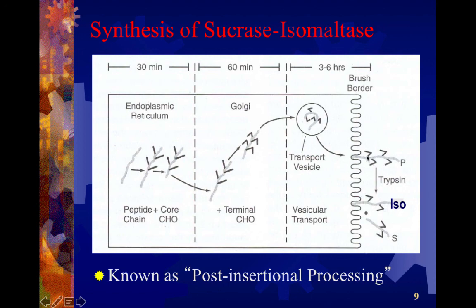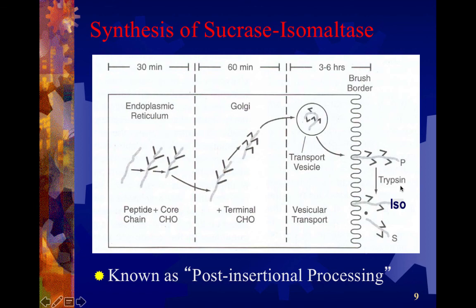Okay? So again, the precursor's embedded. Trypsin is a protease from the pancreas that has quite a few targets, including this protein.